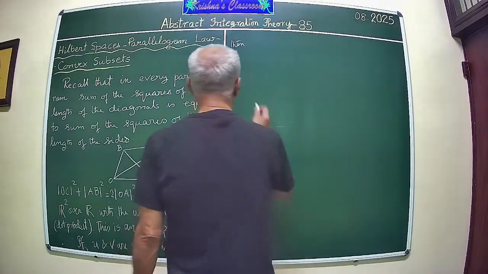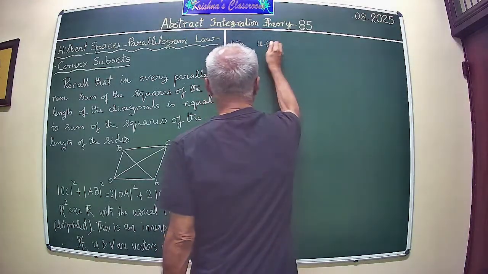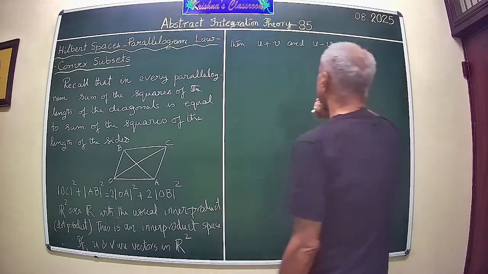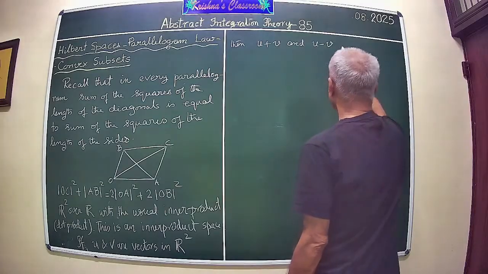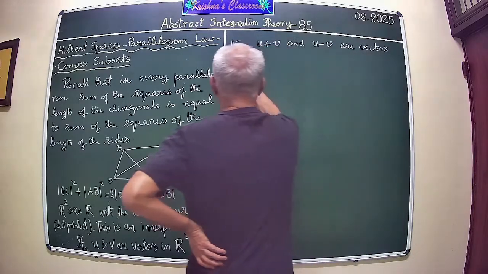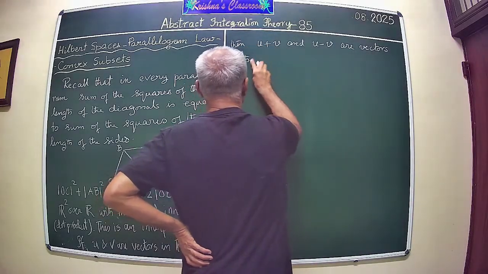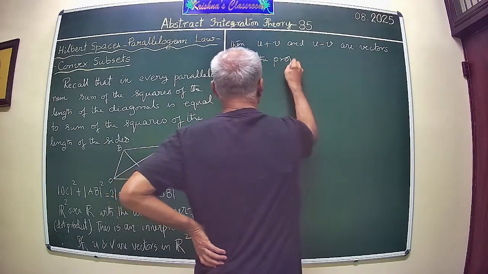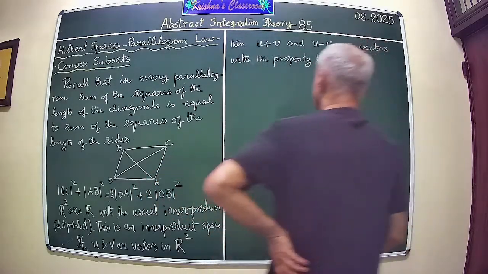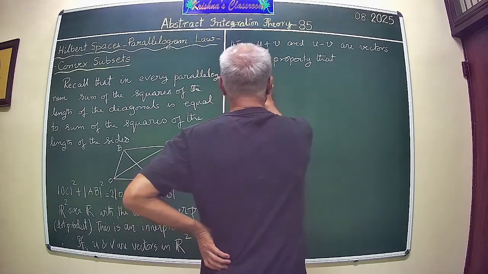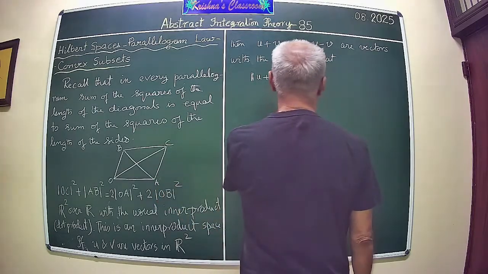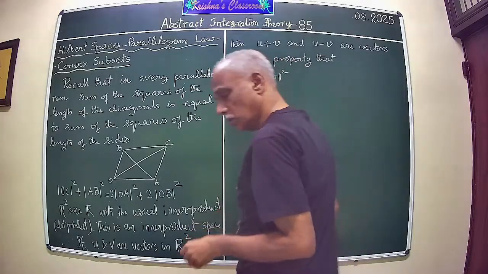see, U plus V and U minus V are vectors with the property that the norm, which is the length of U plus V, that is a diagonal.